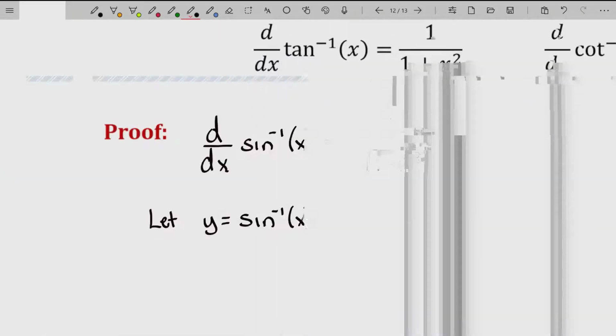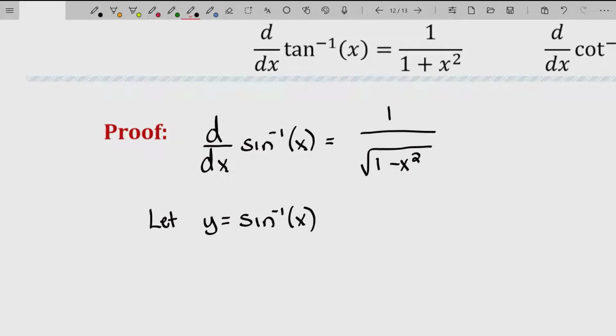So we're going to start by saying let y equal the sine inverse, and then we're going to trade that sine inverse function, or basically manipulate this to be written in terms of sine. So if we let y equal sine inverse of x, then sine of y, by definition, should equal x, because they're inverse functions of one another.